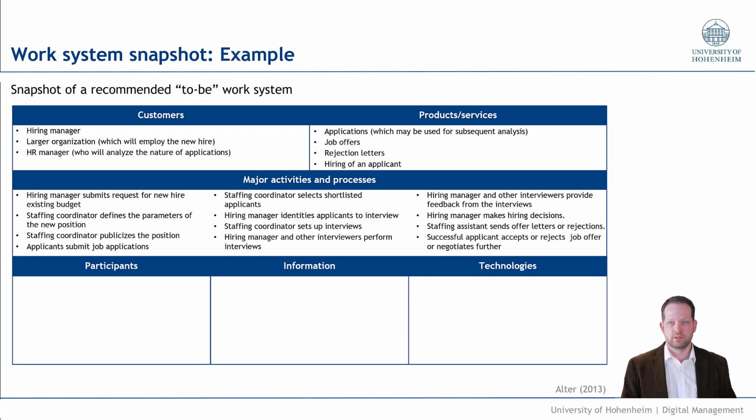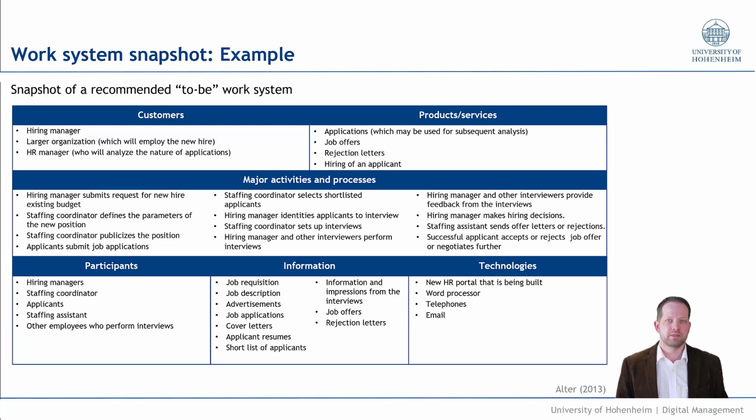activities or the like. The participants in this work system are not that surprising because with the major activities and processes, you always try to formulate them in a way that they include the participant. So the hiring manager submits, the staffing coordinator defines, and so on. So the hiring manager and the staffing coordinator, but also the applicant submitting her or his job application, are participants in the work system.